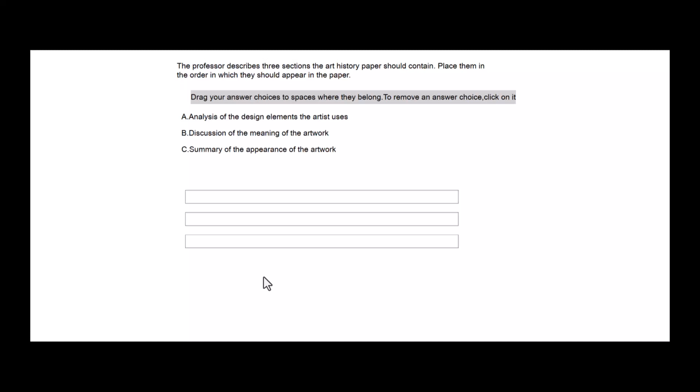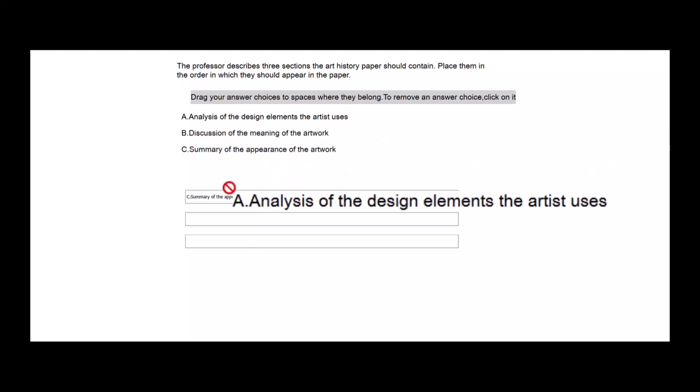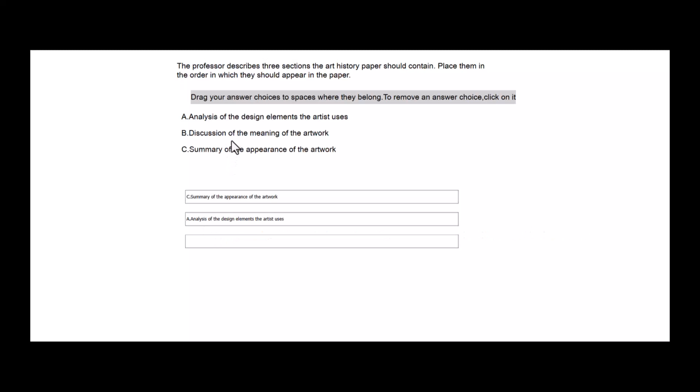And in the third part of the formal analysis, that is the most important part of it, the students need to interpret, to draw the meanings of details, to draw the meaning of the artwork. Accordingly, we place option C first because it is going to be mentioned first, then option A, and lastly option B.